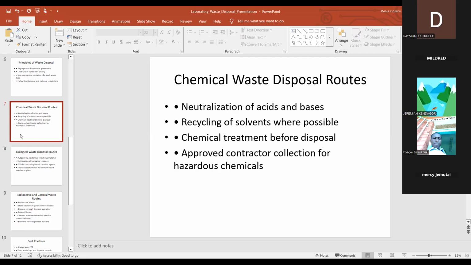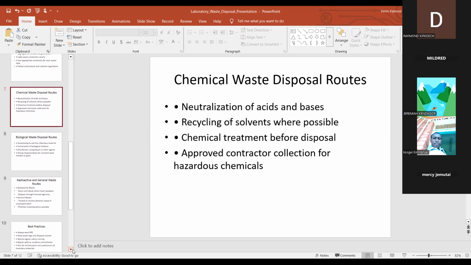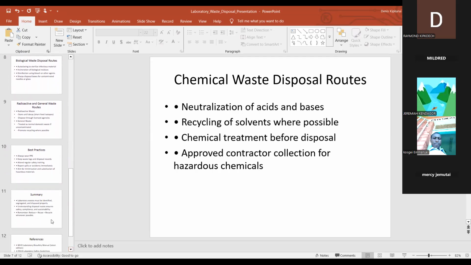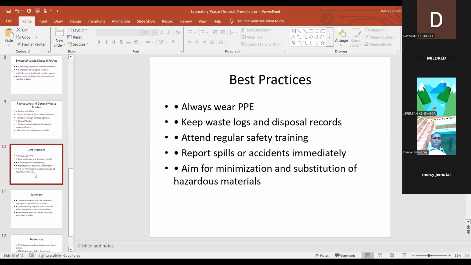Up to there, I think we've covered the definition and how we dispose of these laboratory wastes. Because of time, I can see we're running out of time. I just want you to at least give me one or two things you've learned today.